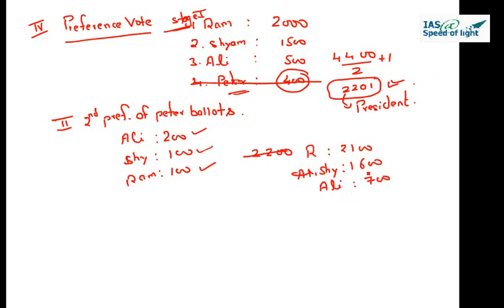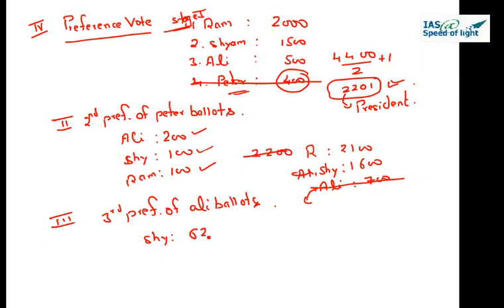Now the same thing we did in stage 1 happens. Ali will be struck off. He is last in the race. And from Ali's ballots, we will see the third preference. So the third stage is the third preference of Ali's ballots. Now Ali has 700. So out of 700, Shyam got 620 as third preference.